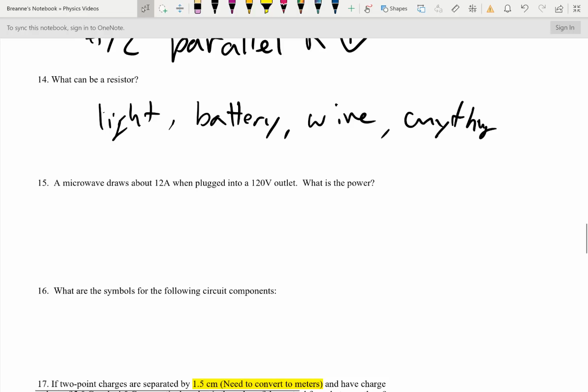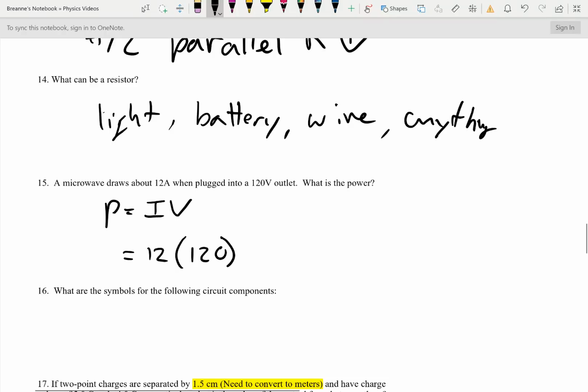15. A microwave draws about 12 amps, because that A is amps, when plugged into a 120 volt outlet. What is the power? So our equation, which you'll be given, is P equals I times V. Our I is 12, our V is 120.